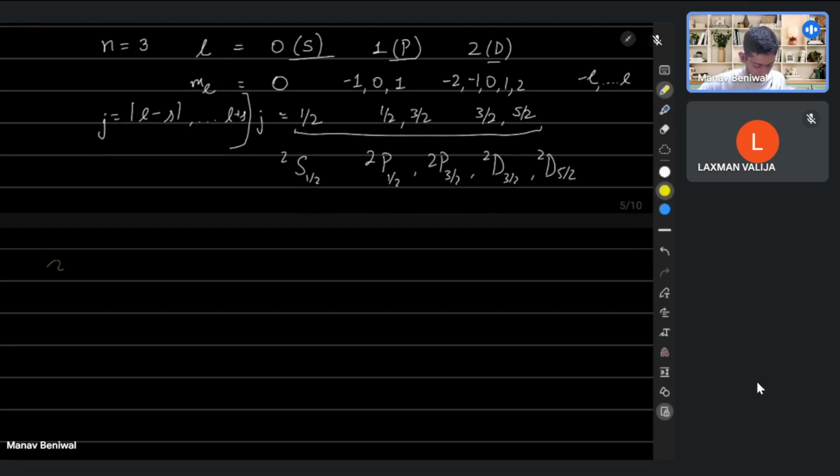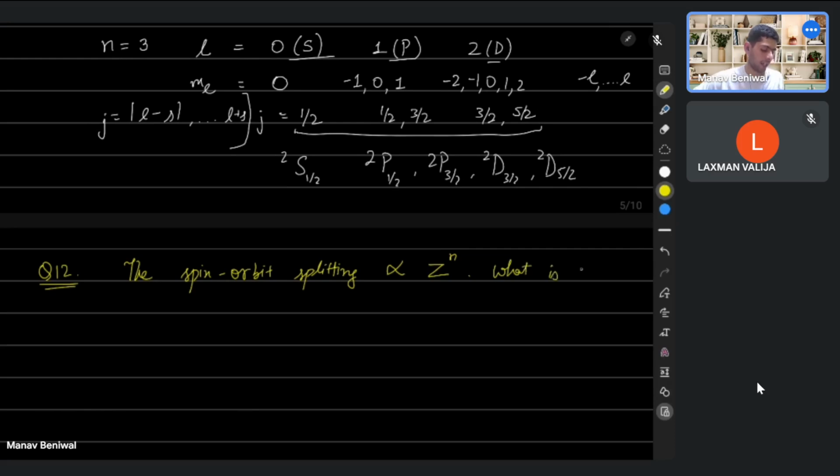Let's solve the next one. This will be 12, I guess. The spin orbit splitting is proportional to Z to the power n.